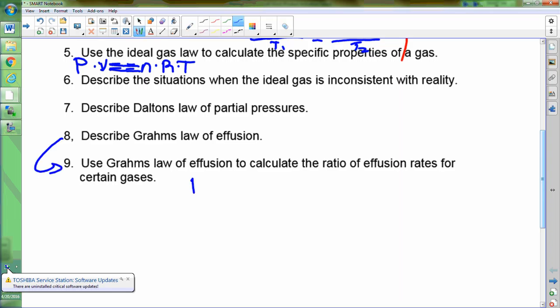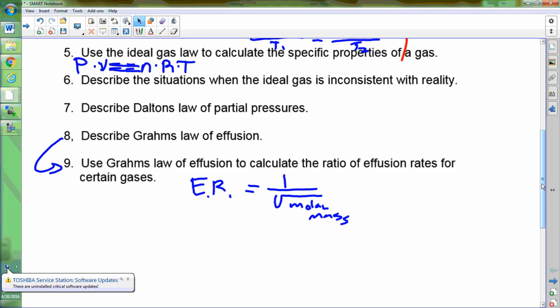Remember, that's that the diffusion rate is equal to 1 over the square root of the molar mass. That equation also will be on the sheet tomorrow. We just did those types of problems. But remember there, you want to compare and say, this one is this many times faster than this one.